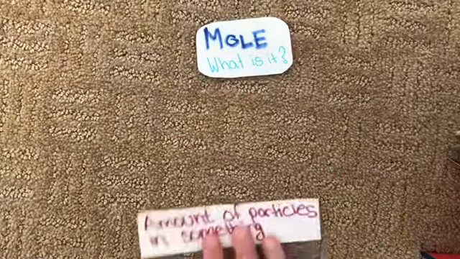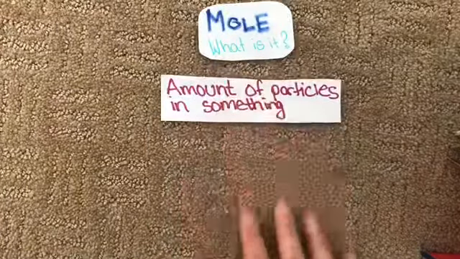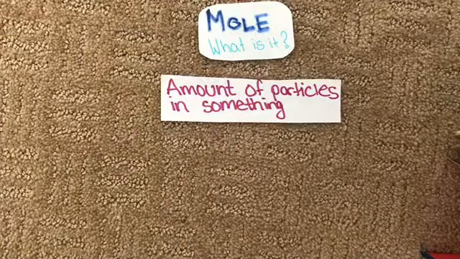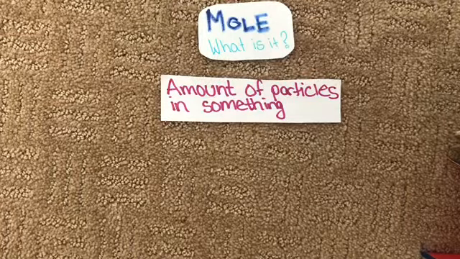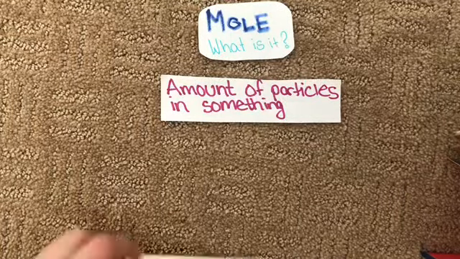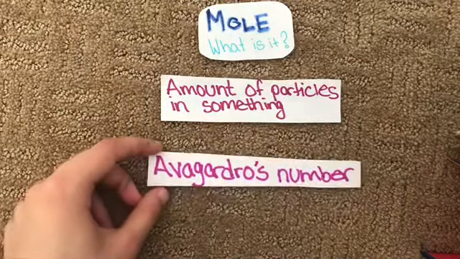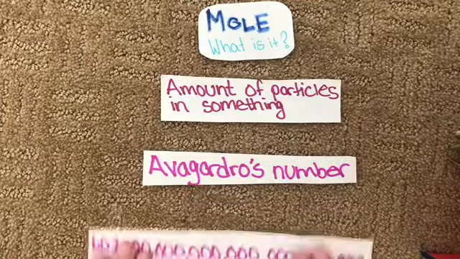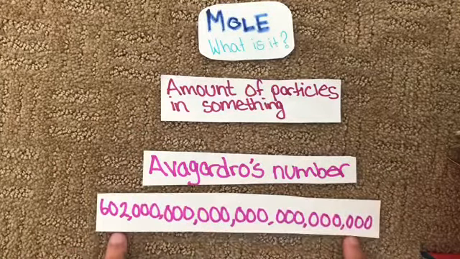So if we go back to moles, let's talk about what a mole is. A mole is the amount of particles in something. Particles can be things like atoms, ions, molecules. The number of particles in something is a very large number, so we use Avogadro's number. However, this number is very large as well.